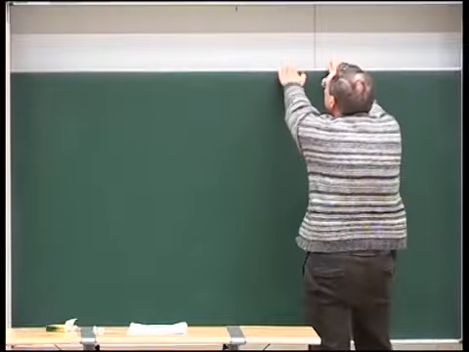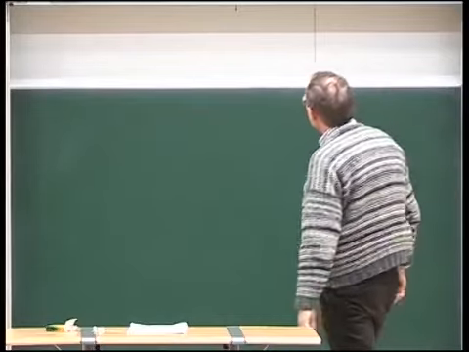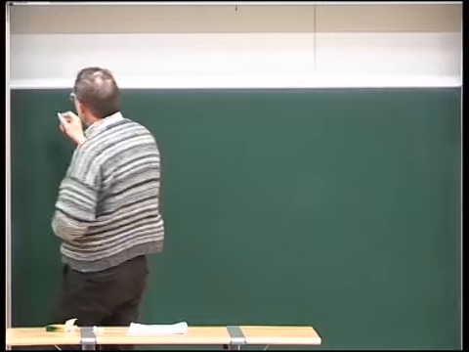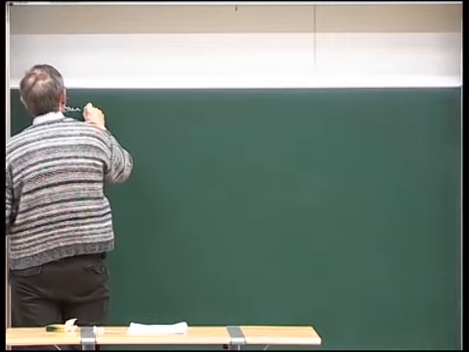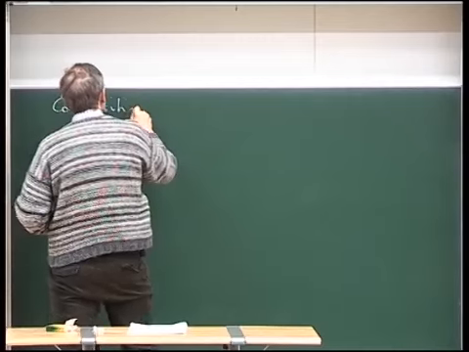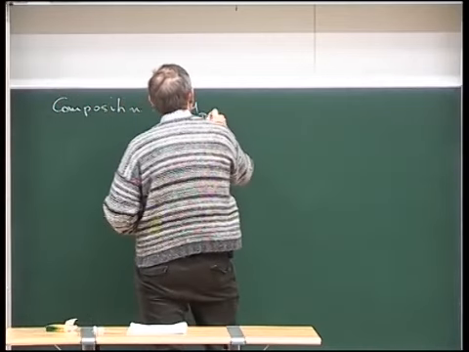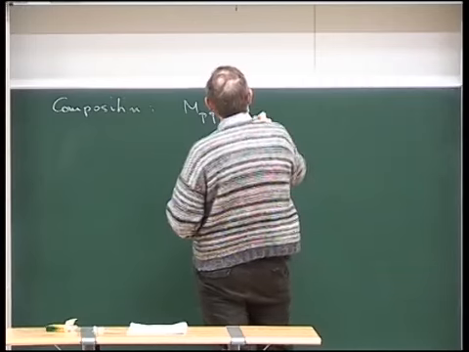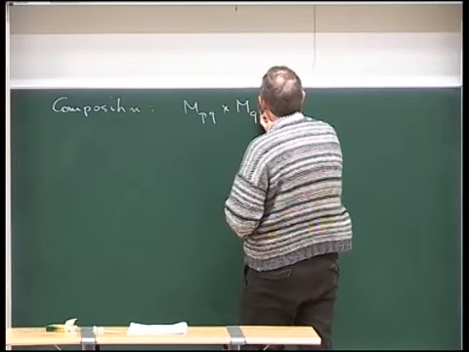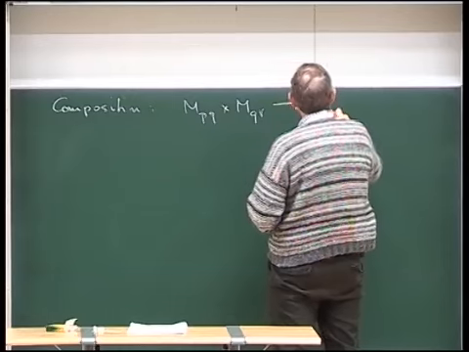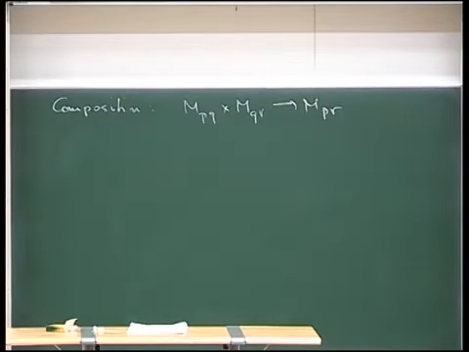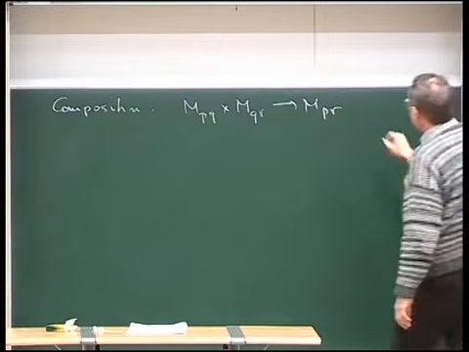And now to get the category completely, we need also to know how to compose morphisms. That means we need to know the composition map from M_{pq}, M_{qr} to M_{pr}. Okay.